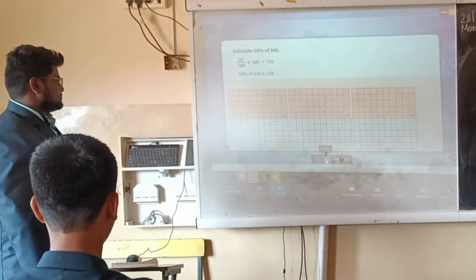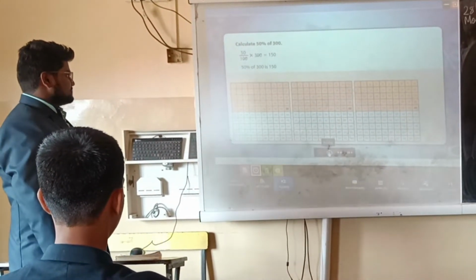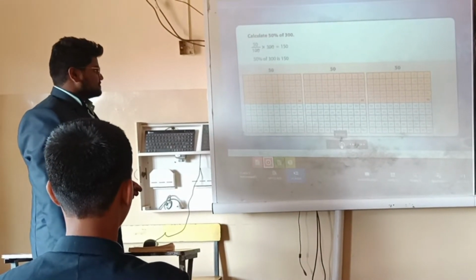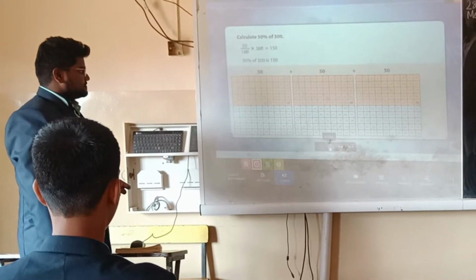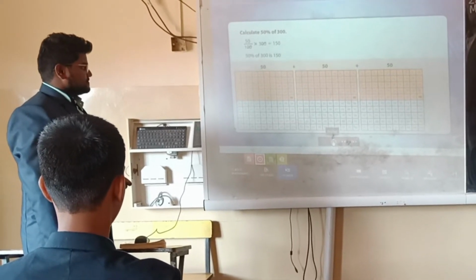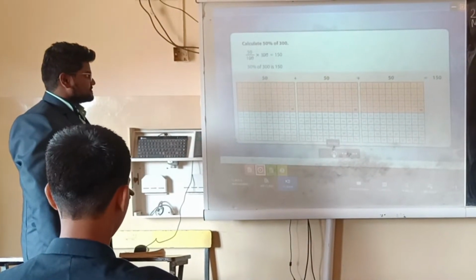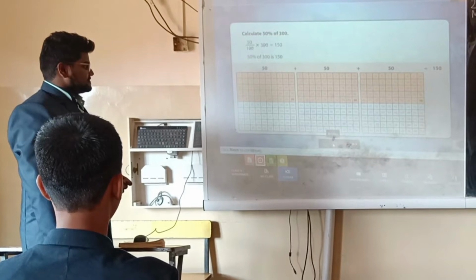Let's represent 300 as 3 equal grids, each having 100 squares. 50% of each grid is 50 per 100. Then we add it all up. As you can see, the answer is 150. So whenever you are calculating percentages, always think in terms of per 100.